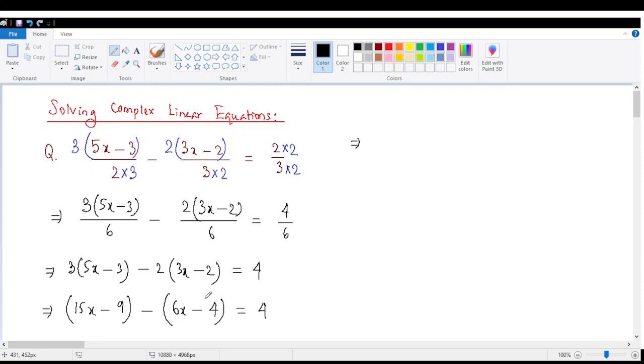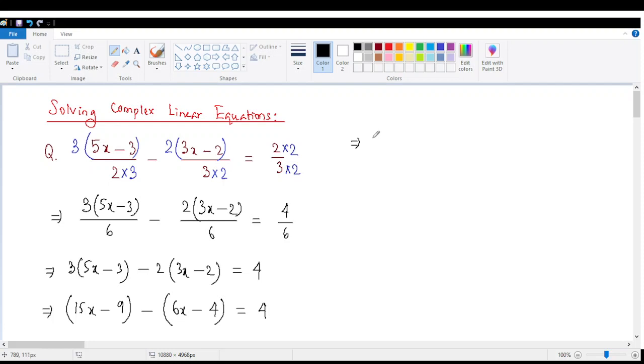But if there is a negative sign outside the bracket, every single element inside the bracket will alter its sign. This is a very important thing you have to remember, and the majority of silly mistakes happen from here.